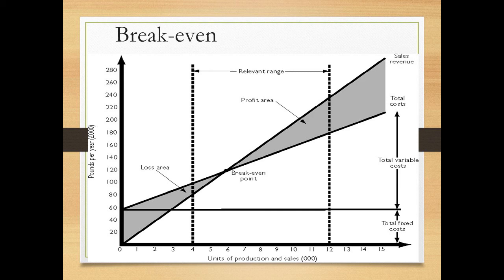Our variable cost is sitting on top of fixed cost. When variable cost is sitting on top of fixed cost, then it will become a total cost curve. The point where these two curves, total revenue and total cost, intersect, that is the point where our total costs are equal to our total revenue, and that means it's the break-even point.